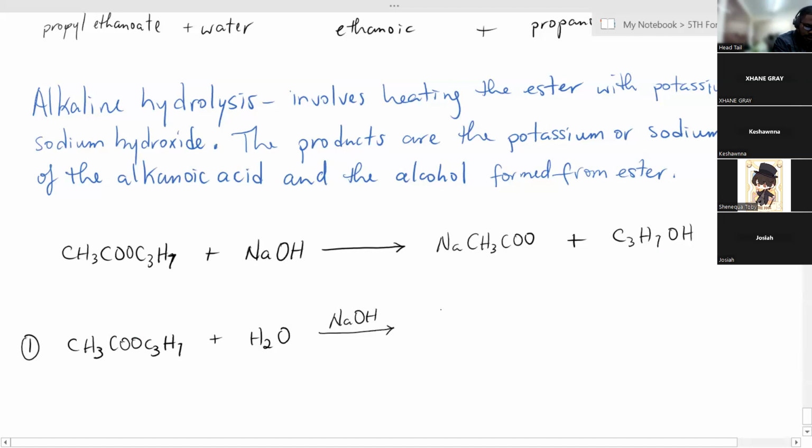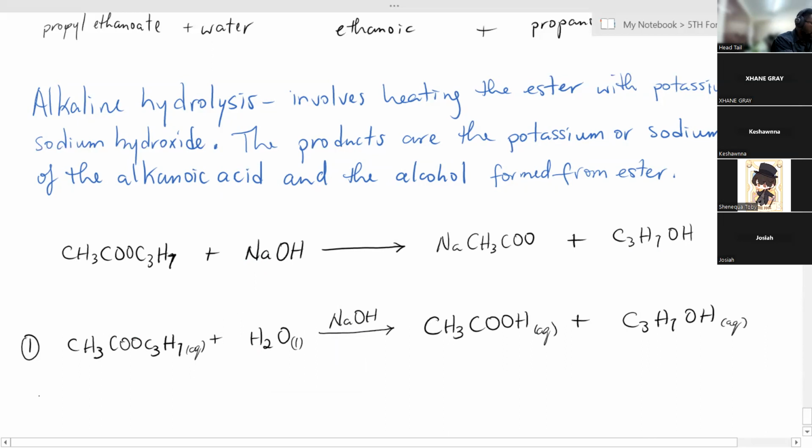And then what forms is the carboxylic acid, CH3COOH, plus the alcohol, C3H7OH. All right. So everything there is aqueous. Well, this is going to be liquid, right? Liquid, aqueous, all right? But you could always look at that afterwards, all right?